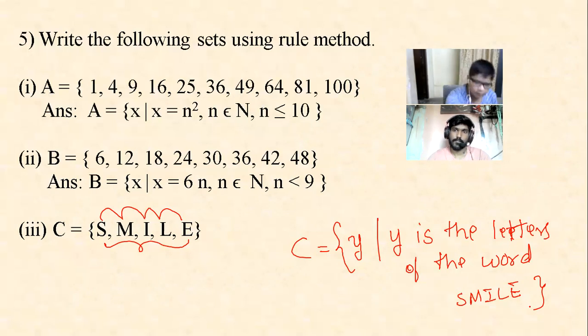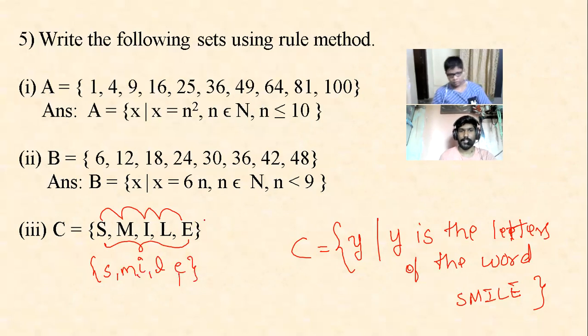But this is a roster method, right? But shouldn't it be in small letters? Yes, it has to be in small letters: s, m, i, l, and e. Done?